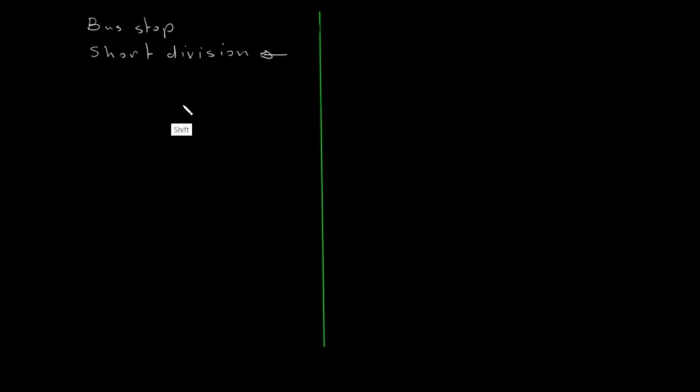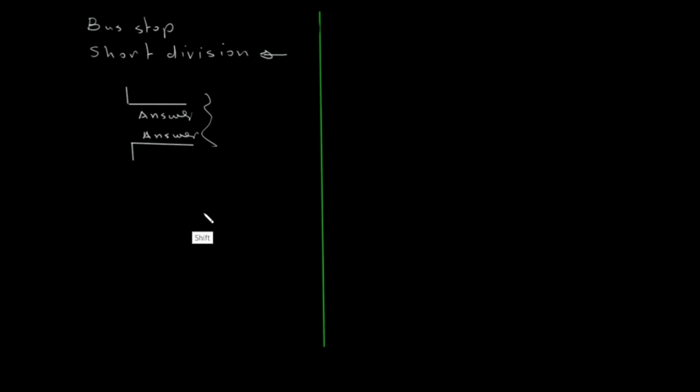We can either draw it that way up with the answer under here, or we can draw it that way up with the answer on top. They're both the same thing, it just doesn't matter.